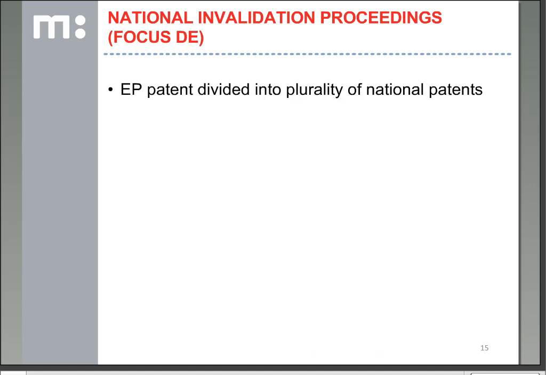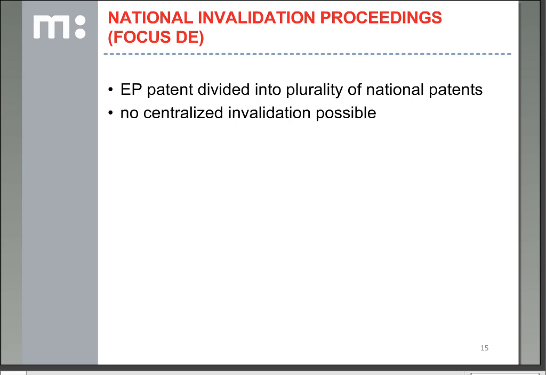Yes, as I mentioned before, we have the, let's call it problem, that the European patent is divided into a plurality of national patents after it has been granted. That means that at the moment we don't have any centralized invalidation proceedings because you have to file a nullity action in every country where the European patent has been validated. And also we in Murgitroyd cover a lot of these jurisdictions in-house.